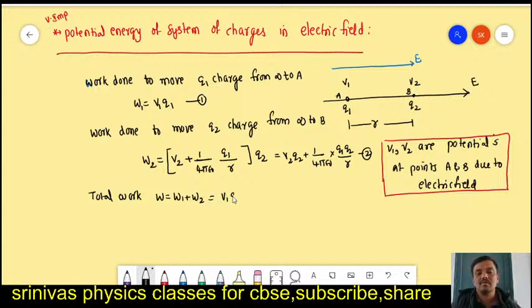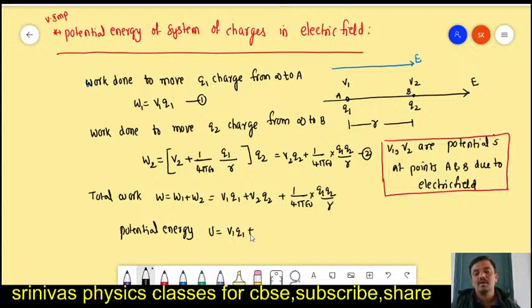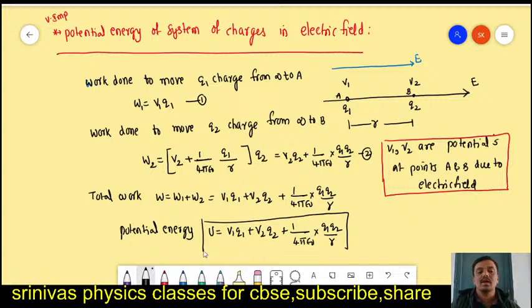Then we will get V1 Q1 plus V2 Q2 plus 1 by 4 pi epsilon naught into Q1 Q2 by R. This is the total work done, and the potential energy of the system of two charges is equal to this work. The formula is V1 Q1 plus V2 Q2 plus 1 by 4 pi epsilon naught into Q1 Q2 by R.